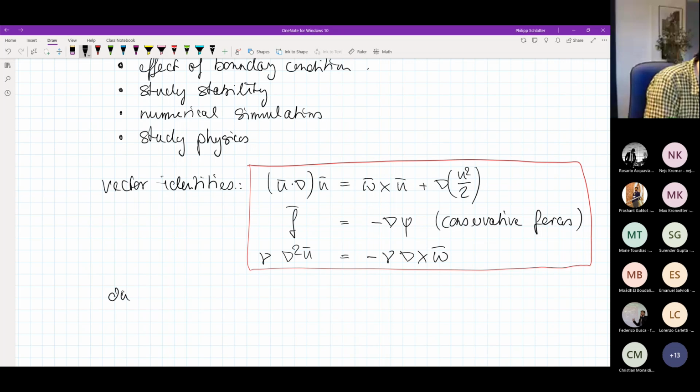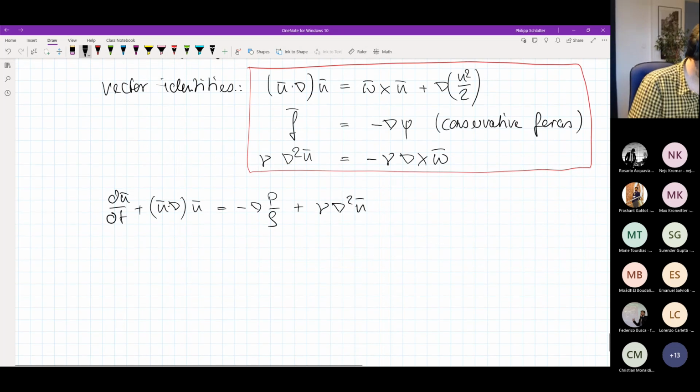So we start with du dt plus u dot nabla u is minus the pressure gradient, so gradient of P divided by rho, plus nu times nabla squared u. So this is the Navier-Stokes equations as we know them. And we just introduce all these vector identities that we have just written here.